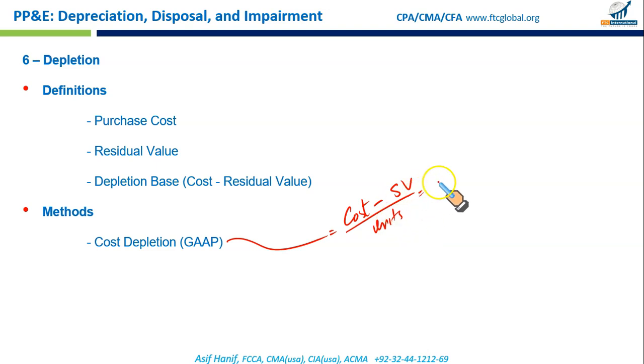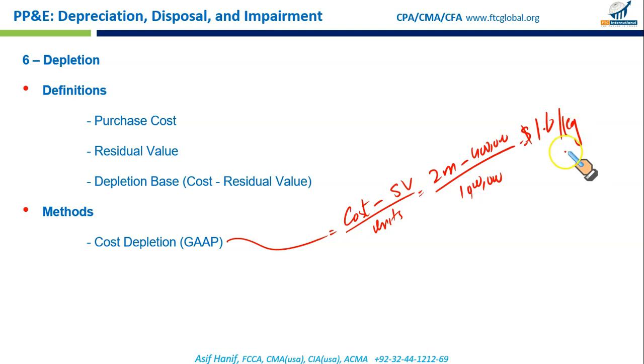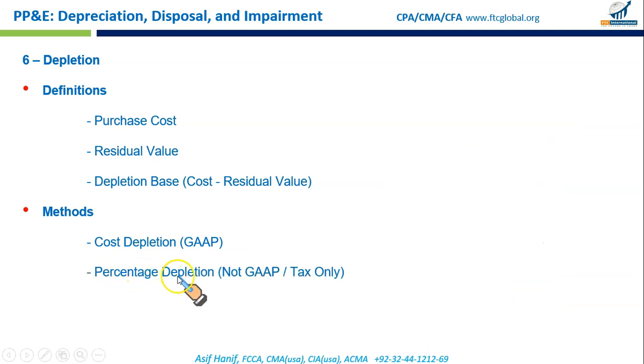So we took these numbers: 2 million less $400,000, $1.6 million divided by 1 million kgs, let's say. That gives you the rate of $1.6 per kg, right? So for the number of kilograms you extract, like for a certain year we extracted 2,000 kilograms, the depletion would be 2,000 times 1.6, that is $3,200. That's the answer.